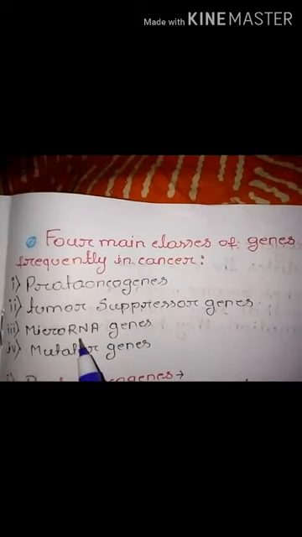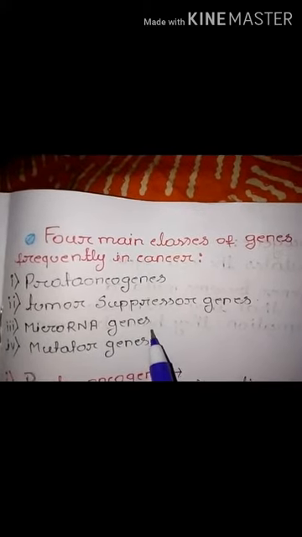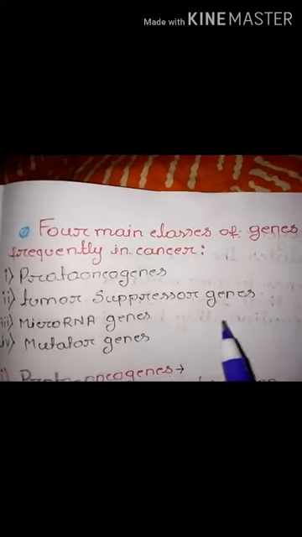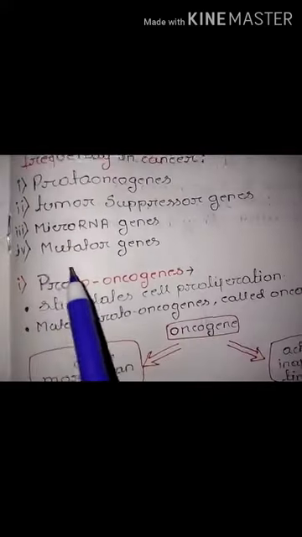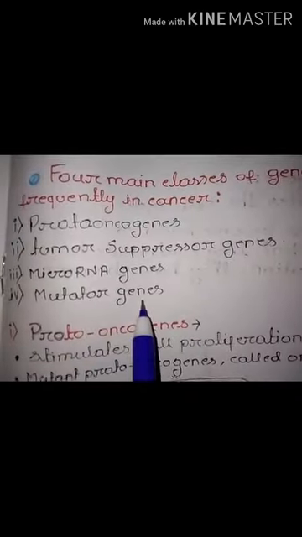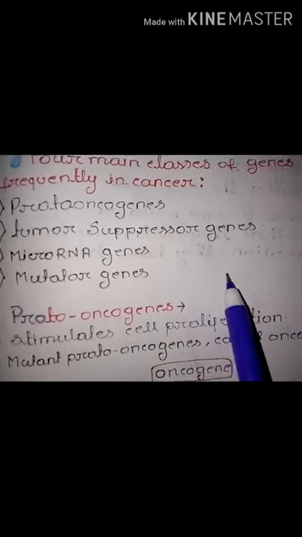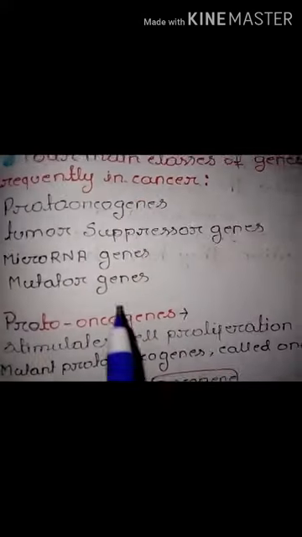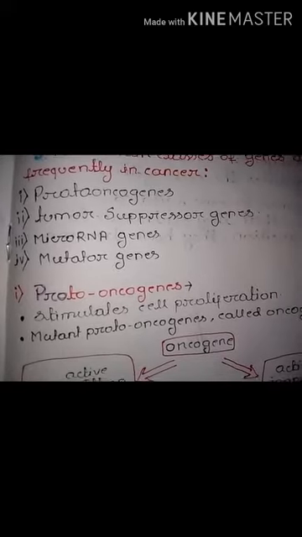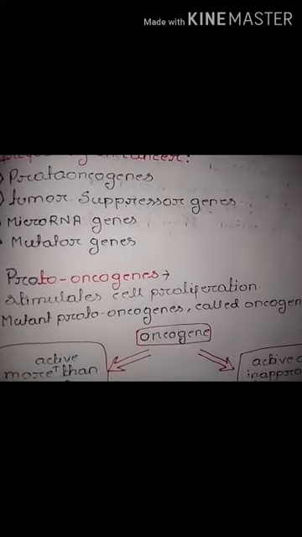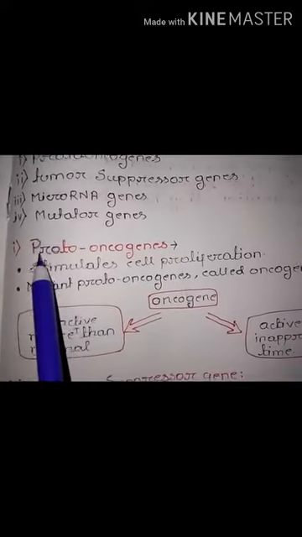When a microRNA is mutated in such a way that it loses its normal function, it leads to cancerous cells. There are also mutator genes. These mutator genes have important functions in the regulation of cell division and growth. But when those mutator genes are mutated and lose their normal functions, the cell becomes cancerous. So first we discuss proto-oncogenes.